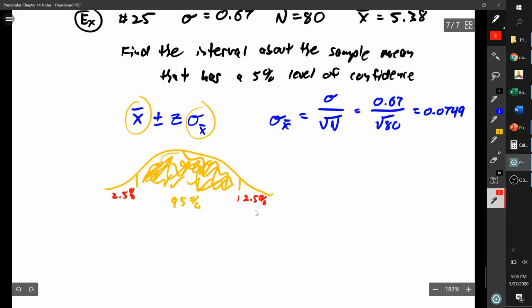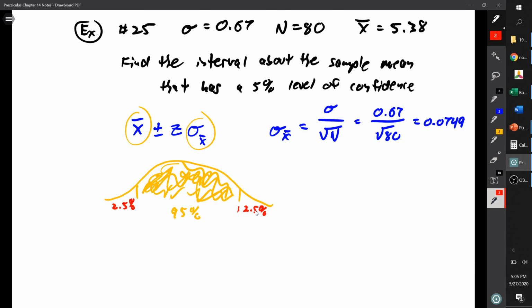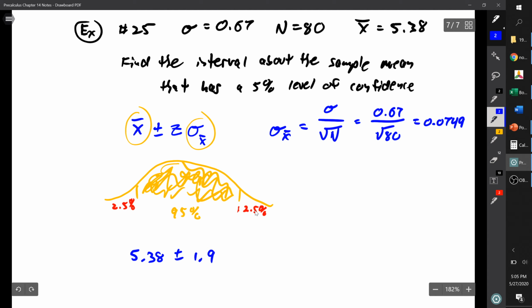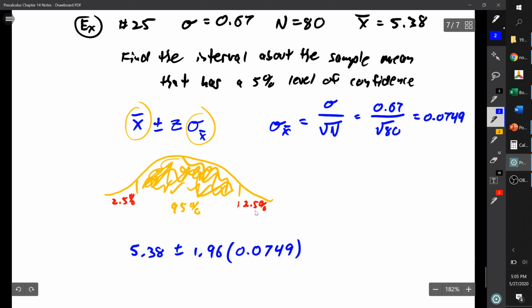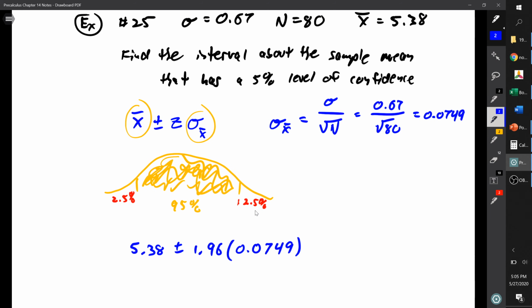So what I'm dealing with is my average, 5.38, plus or minus 1.96 times sigma sub x bar, 0.0749. Okay, so what does that give us?